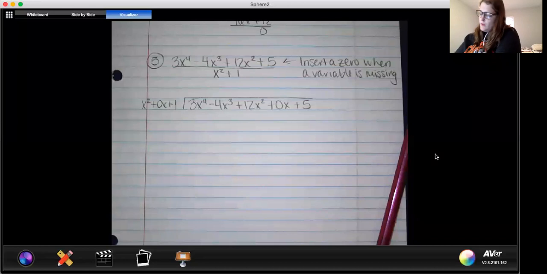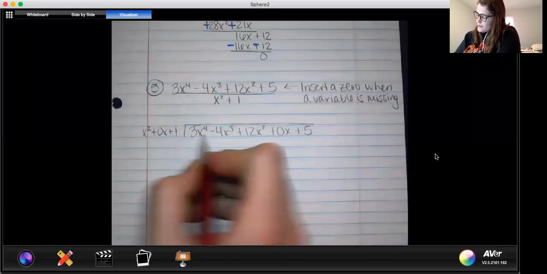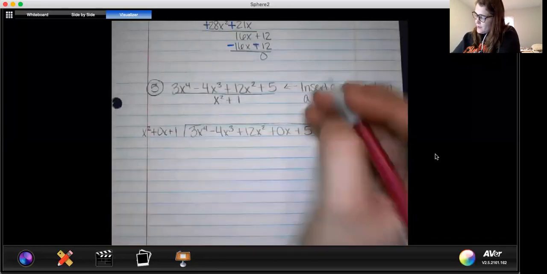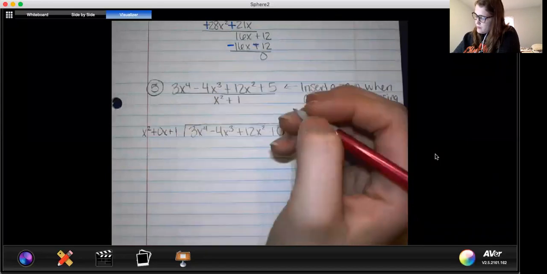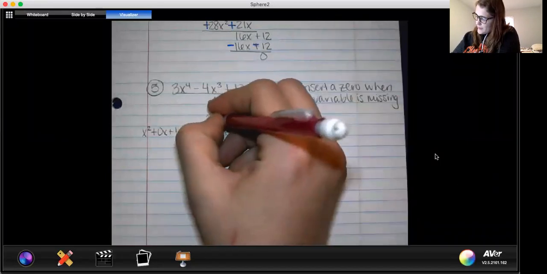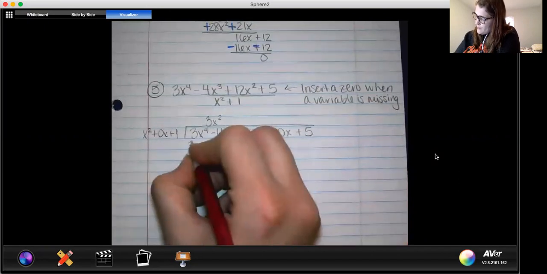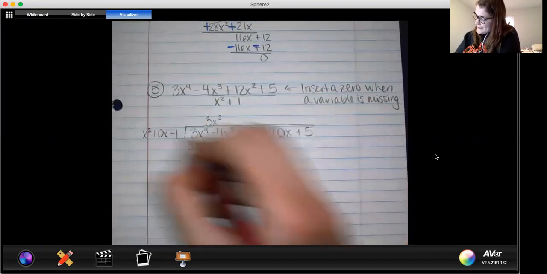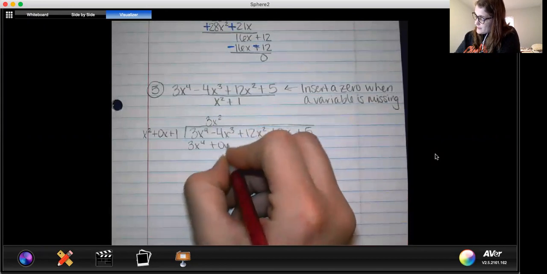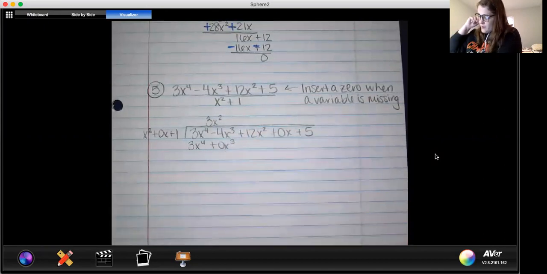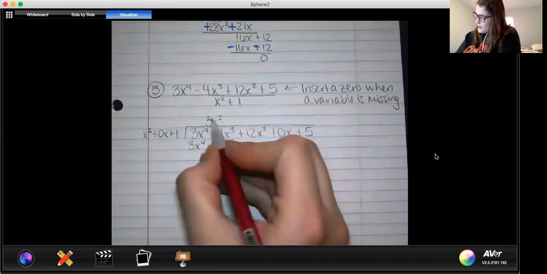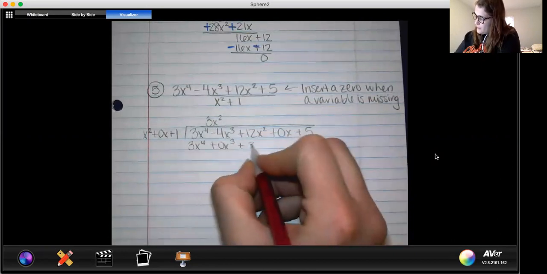3x to the fourth divided by x squared is going to be 3x squared. Then we're going to multiply. We get 0x cubed and positive 3x squared.